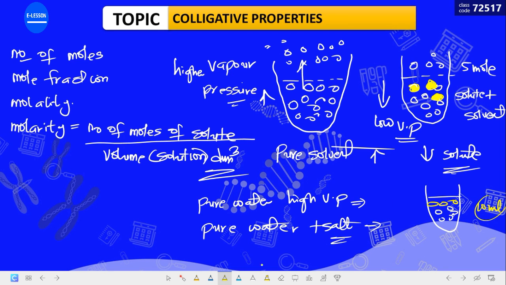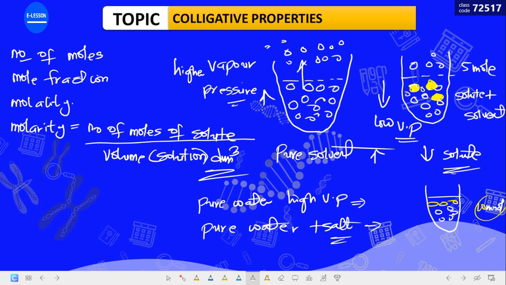Which of them do you think will cause more lowering? According to Raoult's law, the higher the concentration, the lower the vapor pressure. That means this one that has 10 moles will have a lower vapor pressure, because most of the solute particles will now be blocking the solvent particles.